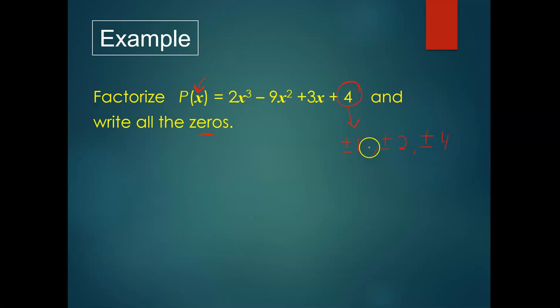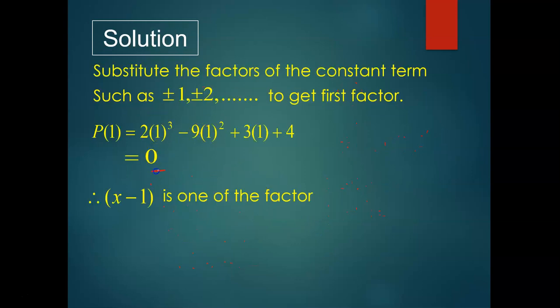So you try these six numbers inside your p(x). Try p(1), p(negative 1), p(2), p(negative 2), and then p(4) and p(negative 4). Whichever value gives you 0, then we can say it is a factor.